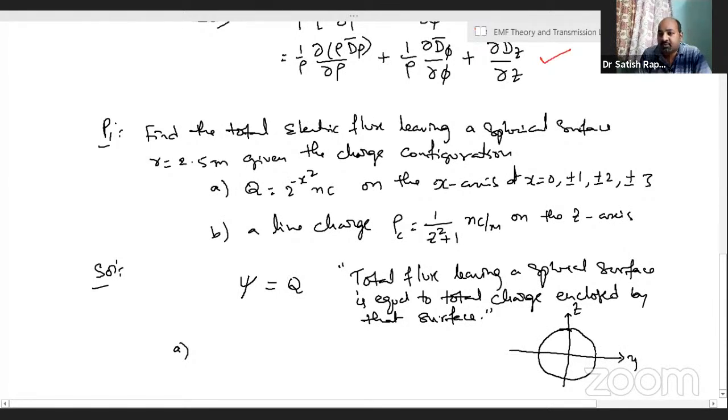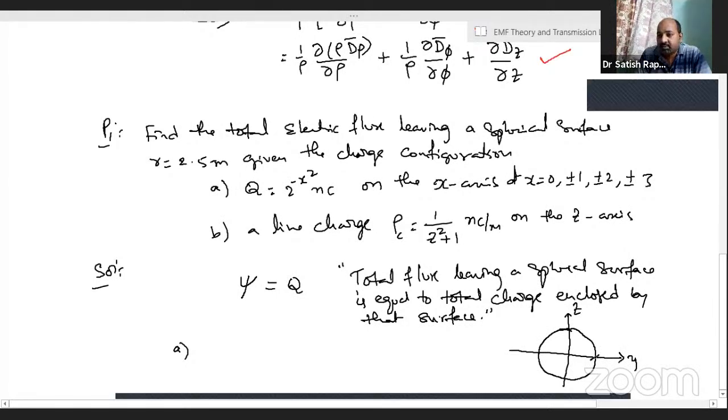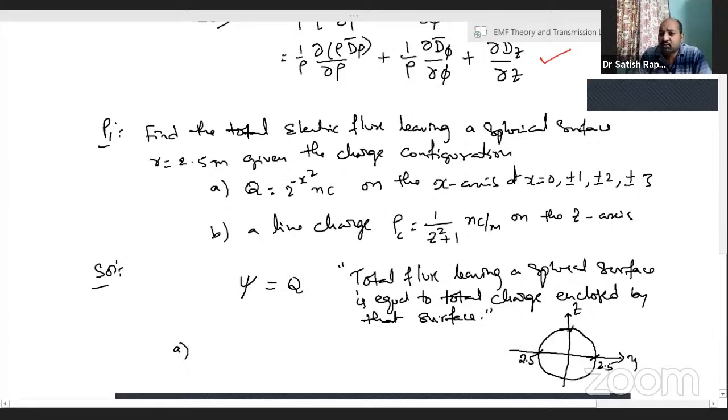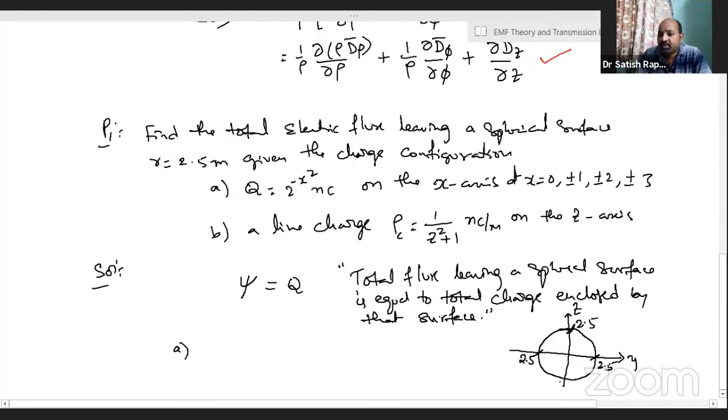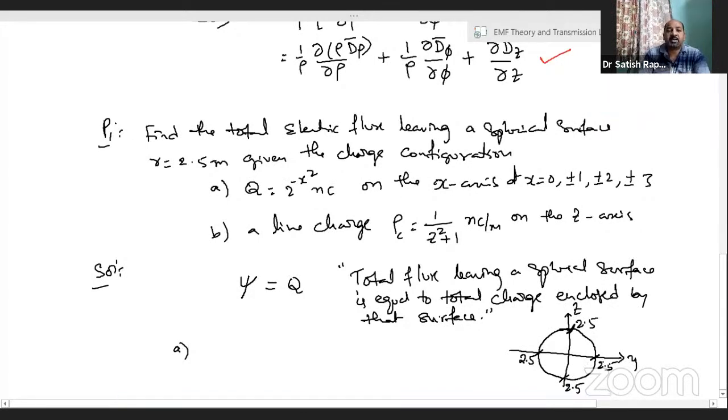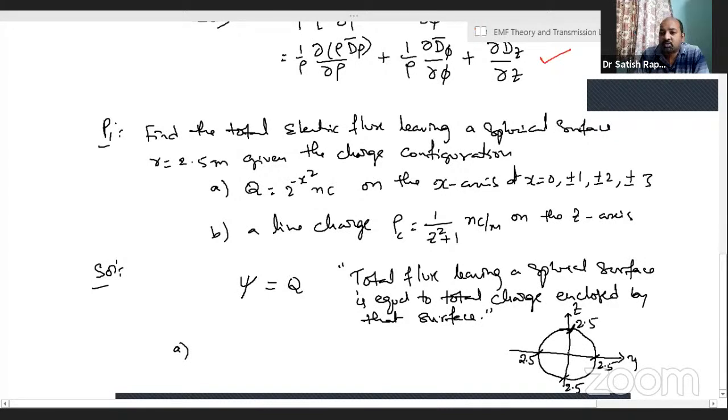Therefore, here this point is 2.5 and this point is also 2.5. Similarly on the z-axis also, this point is 2.5 and this point is 2.5, because the radius is 2.5. And this is the origin, this is the center.